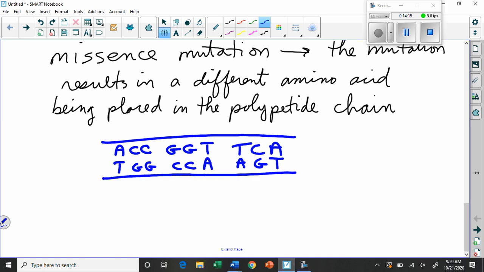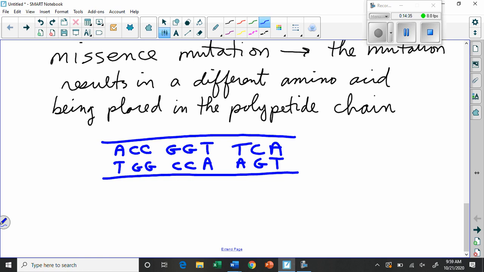Now, for all of these, we're going to use the same normal piece. So you can keep coming back to this to see what the normal one would have looked like. Now, we can actually look up what's being coded for here. What we'll say at the bottom strand is the one that's being coded. It's the 3 to 5 direction, let's say.